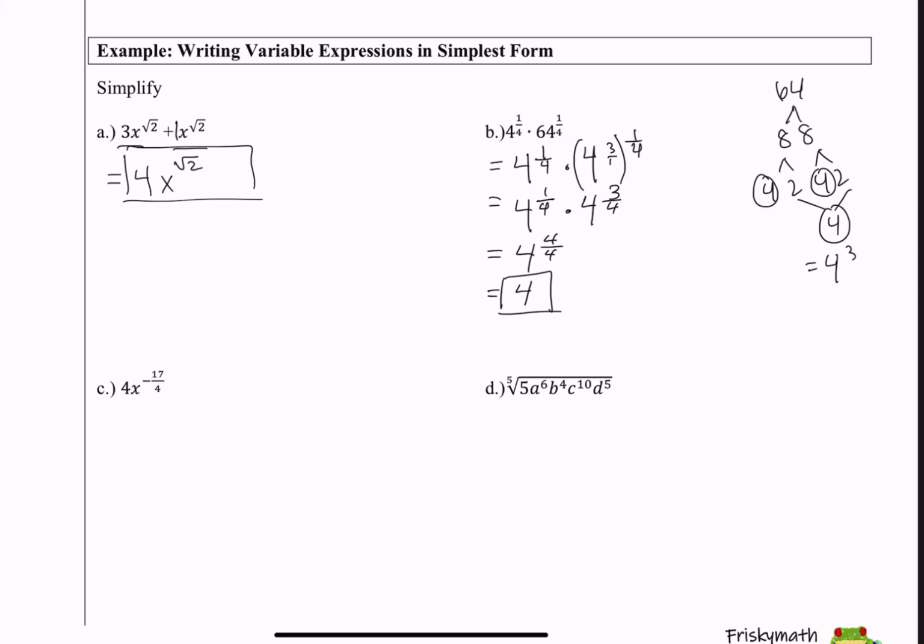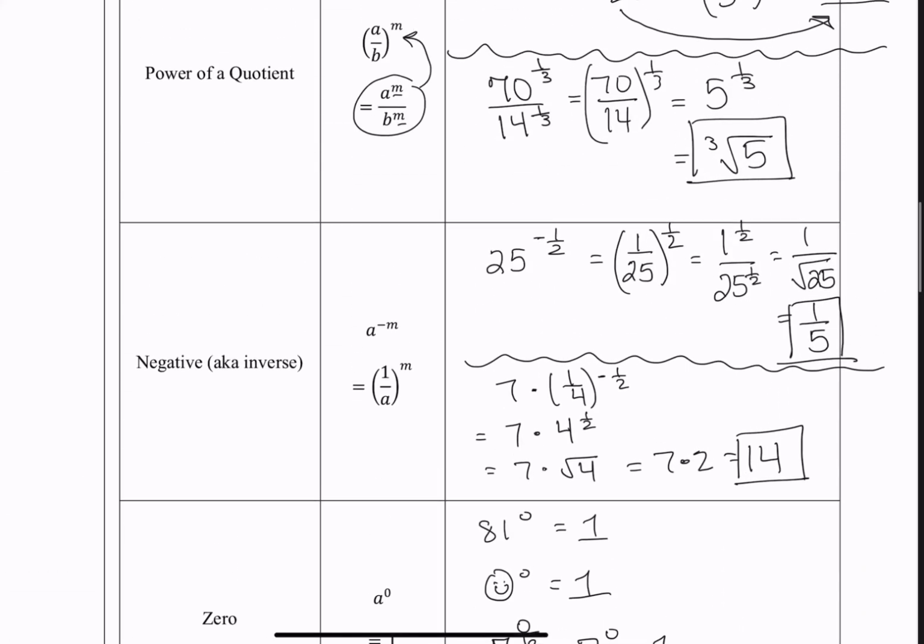There's other ways to go about this problem. What I notice also is that 4 and 64 are both being raised to the same power, which means I could use the power of a product property. Let's see where that is here.